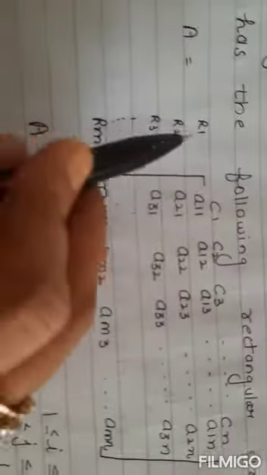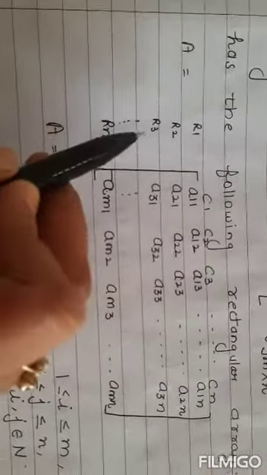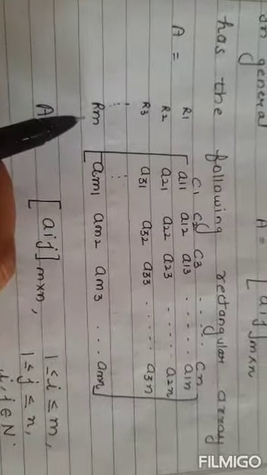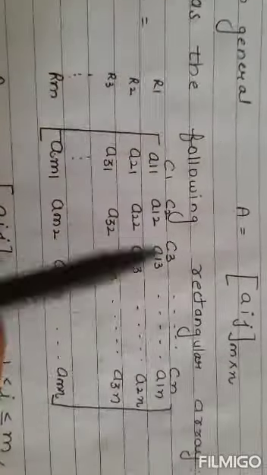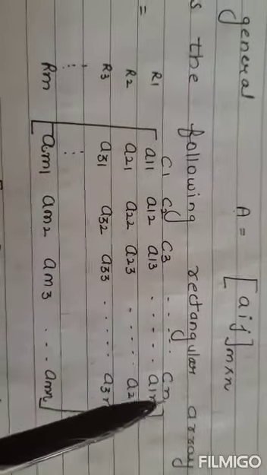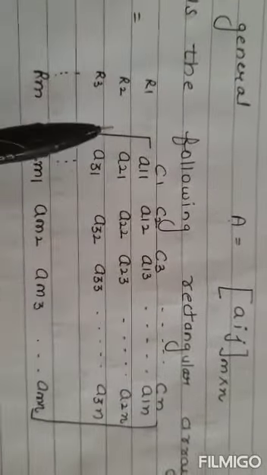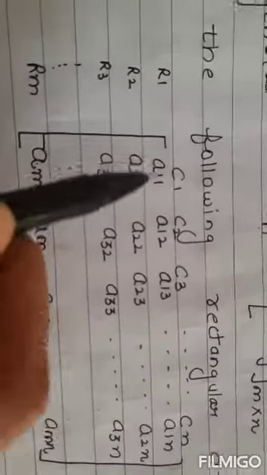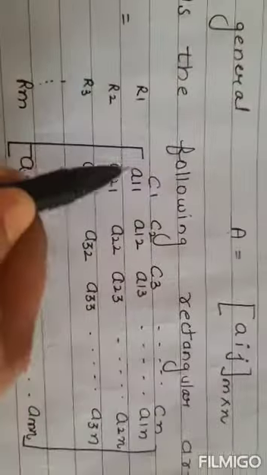So this is your first row, R1, R2, R3 and so on up to m. We have m rows and n columns, so this is C1, C2, C3 and so on up to Cn. So when you write the matrix in the rectangular array form, the name of the first element is A.